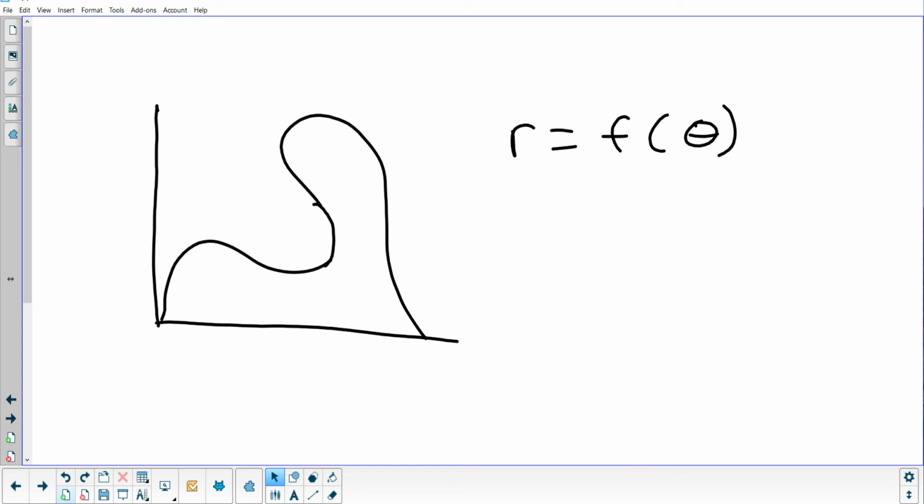Maybe it's a cardioid shape. Maybe it's whatever it is. There's a formula that would give you this picture. Forget about the entire picture. Focus on one single point. If we want to convert this point into parametric, we need to know 2 things about it. The x value and the y value.